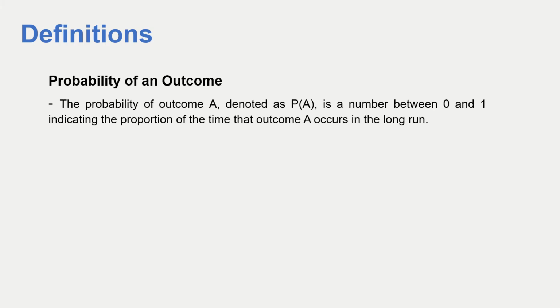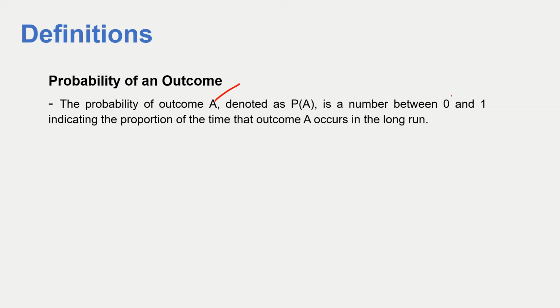Let us first define different terminologies before we discuss the different rules of probability. First, the probability of an outcome. Suppose that A is an outcome of an experiment. The probability of outcome A, denoted as P(A), is a number between 0 and 1.